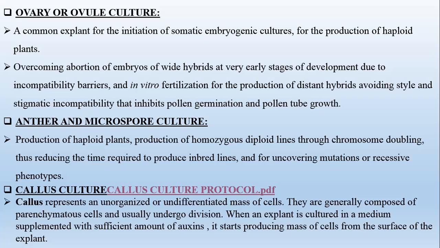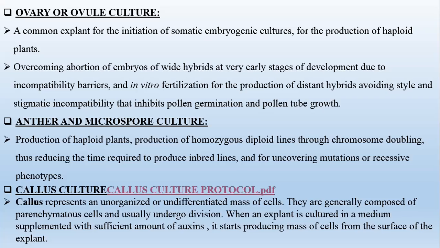In the normal process it is okay, it will grow normally and develop into the full plantlet, no problem. But whenever interspecific and intergeneric crosses are there, there are incompatibilities or some barriers. Because of that, in breeding there are a lot of problems. In those cases we are able to use ovary or ovule culture.